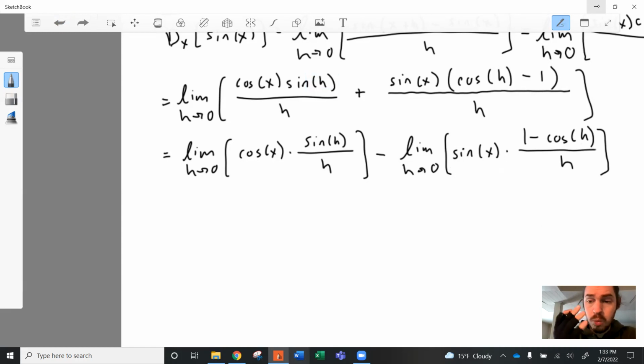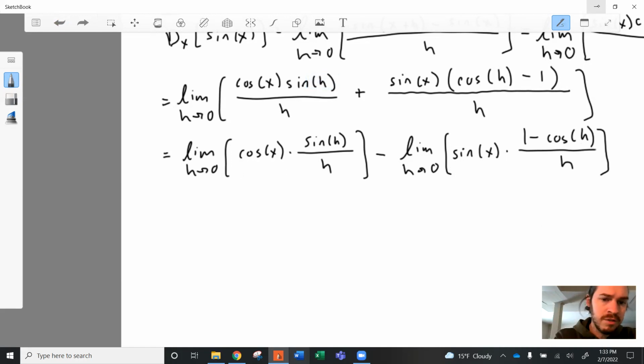So we're focused on h, not x. So here, this factor, cosine of x, may as well be a constant. As far as this limit is concerned, that cosine of x might be constant because it's a separate variable. This is something that happens when you have functions of multiple variables.